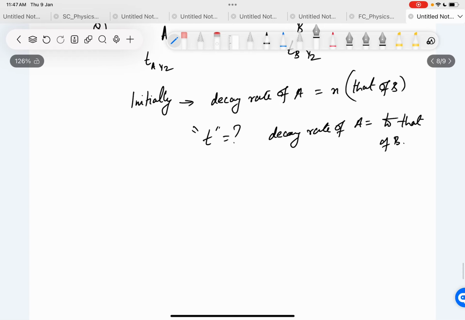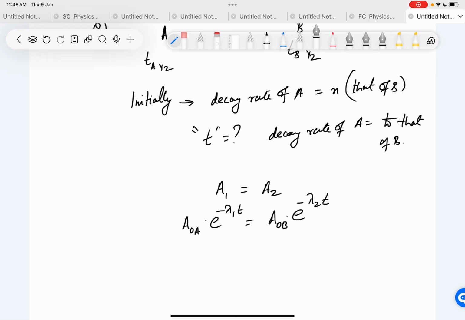So we'll just start with that itself. We'll simply equate the decay rates. Why not? So over here you can write that the decay rate of A is equal to the decay rate of B, which is nothing but the initial decay rate of A into e power minus lambda 1 into t becomes equal to the initial decay rate of B into e power minus lambda 2 into t.